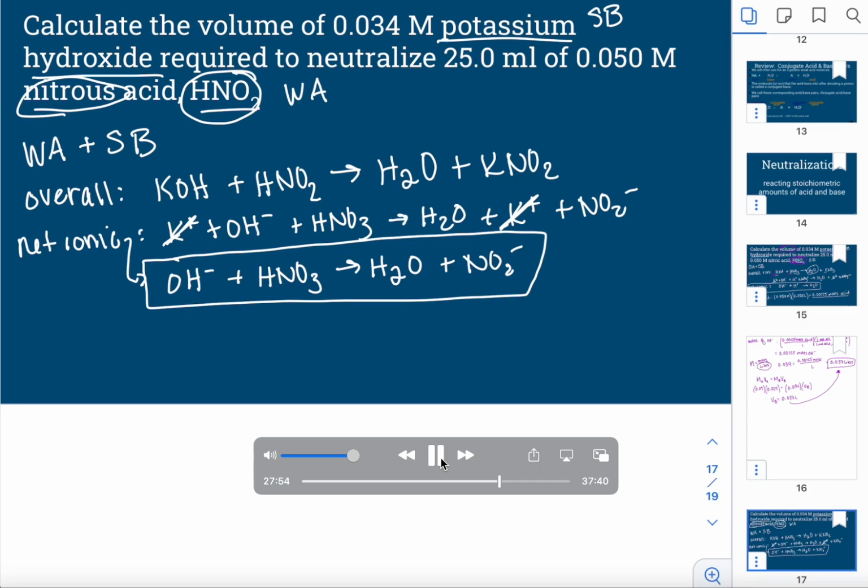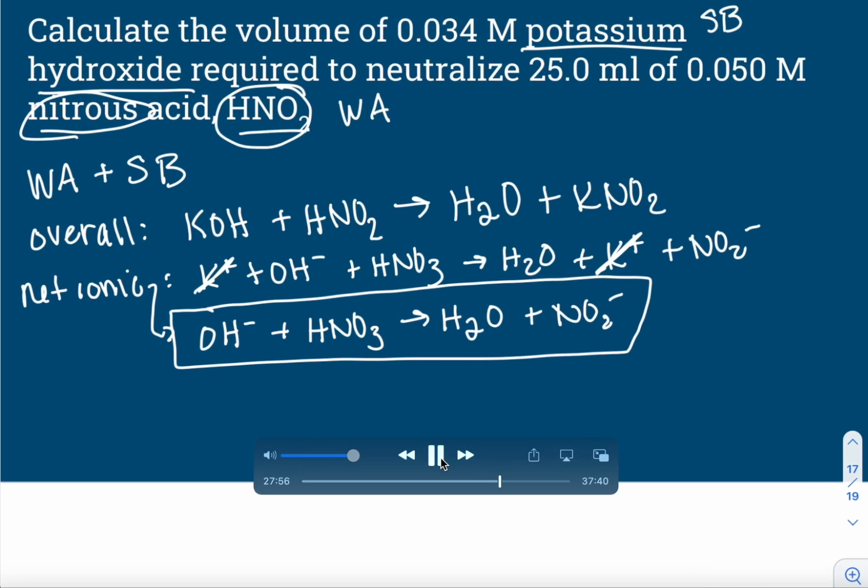We'll talk about this in the next video, Ka and Kb. If you're given a Ka or a Kb, it doesn't matter here, as long as you have a strong base or a strong acid. As long as one of them is strong, the Ka and Kb doesn't matter, so if you're given it, you can just ignore it.